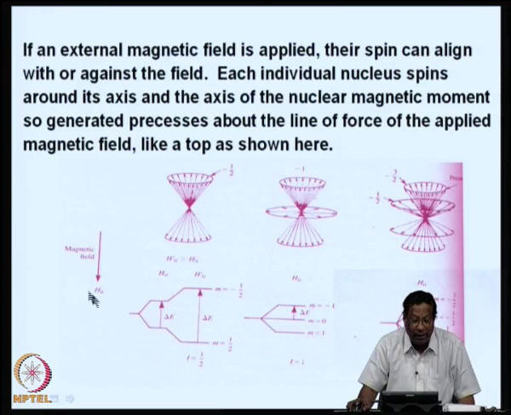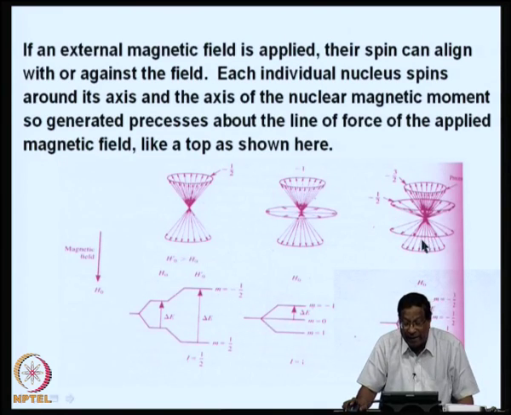Here I am applying the magnetic field, and this is the nucleus, this is the magnetic field generated. Here it is H0, and this is the magnetic moment generated. This is exactly equal to H0, it is H0, then H0 dash is greater than H0, and here it will be less than that.